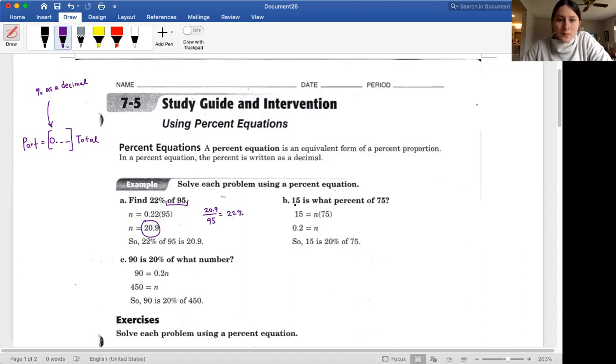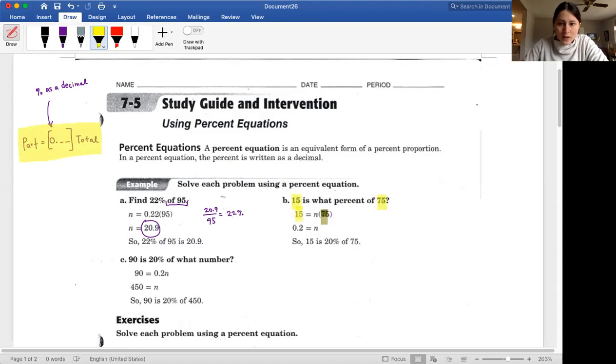Okay. B, it says 15 is what percent of 75? So in this case, what we don't know is the percentage, but we have the part and we have the total. Using this model here, we'll just plug in the information as it's given to us. I have 15, so that goes in the section where it says part.